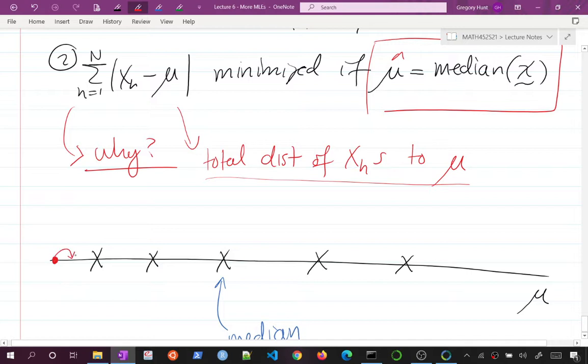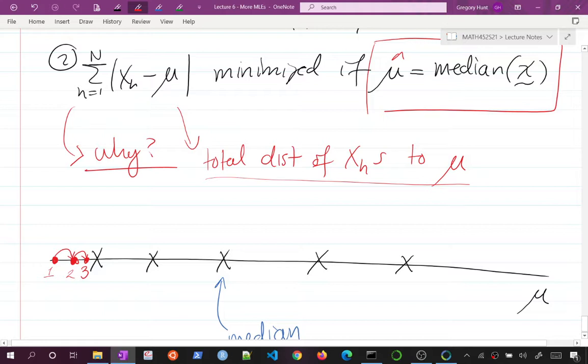However, if I were to move my red dot to over here, I've decreased the distance of the red dot to all of these 5 x's, because not only is this red dot 2 closer to this first one, it is closer to the second one, and the third and the fourth and the fifth, right? And so I could certainly keep moving like this to a position, say 3, and that has a smaller total distance of this red dot to all of my data points.